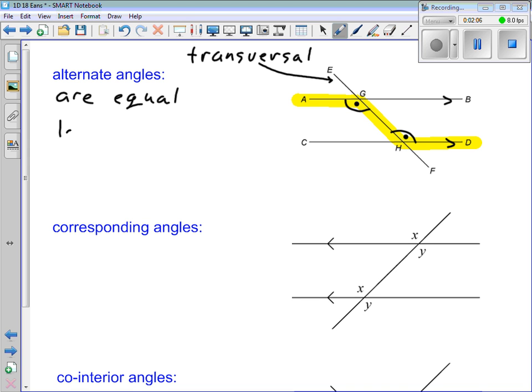So let's just say look for the Z pattern. And the Z pattern, that's kind of a backwards looking Z. We could also have a Z that kind of went like this, then down like this, and then back like that. That would tell us that this angle in this corner, and this angle inside that corner of the Z, are equal as well. So that's another pair of alternate angles.